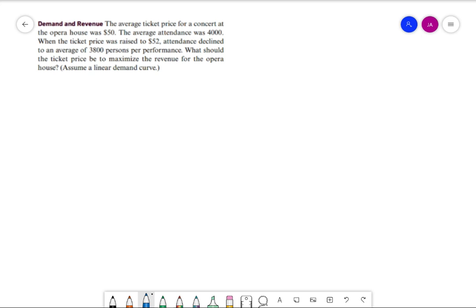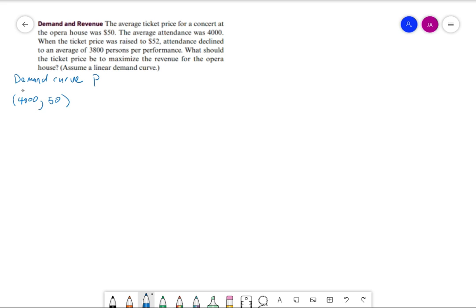Now, they do tell us to assume a linear demand curve, and so if we're assuming a linear demand curve, of course the first thing that we need to come up with is our demand curve. So, what is our demand curve? Well, since it's linear, we need to find a slope, and we need to figure out that linear function. And so remember that our ordered pairs are attendance, or units sold, at what price point.